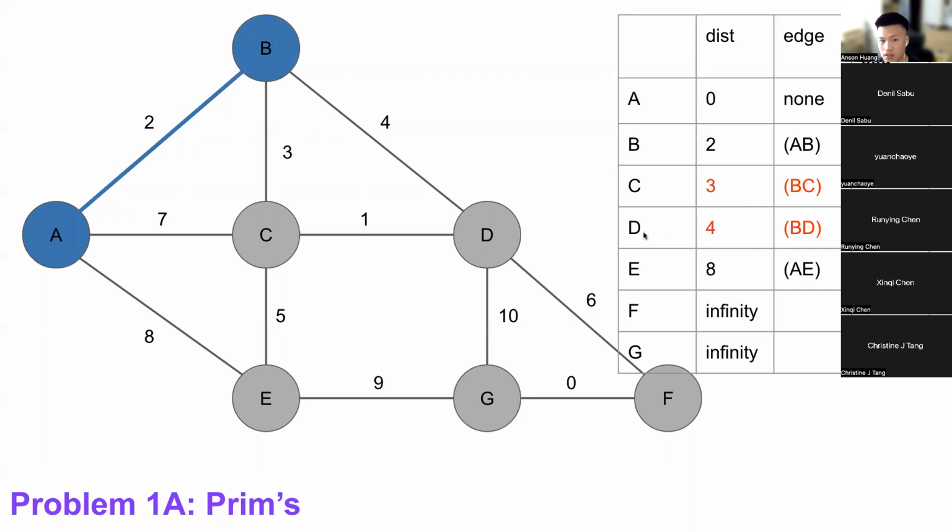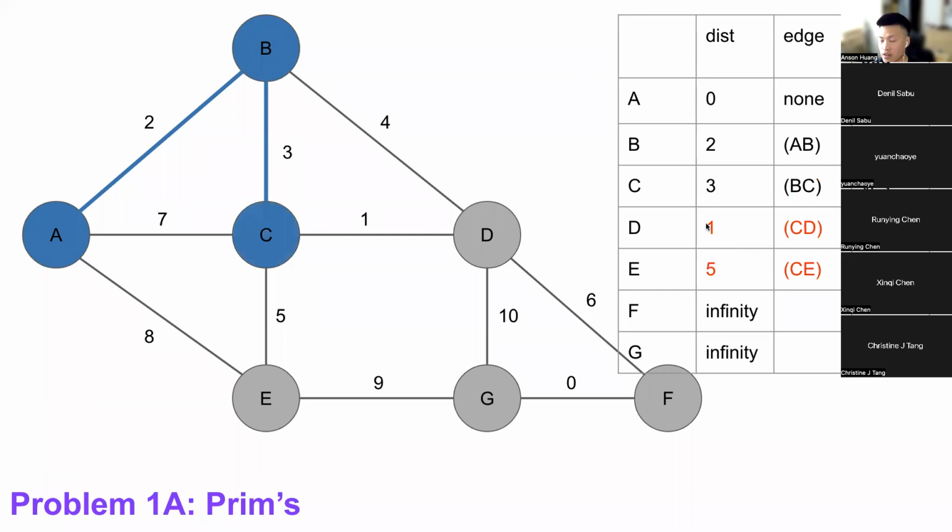And then likewise, you just found D, so you mark it down as 4, because that's the distance from B to D, and this is the edge. Next, you would explore C because that's the next shortest thing. Now we update the value of vertex D to 1, because the path from C to D is 1, which is less than 4.